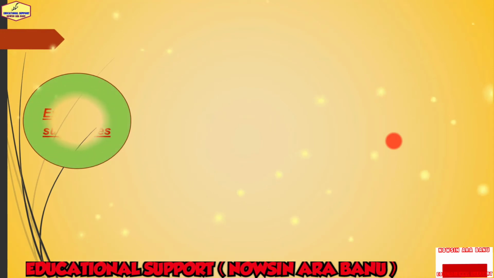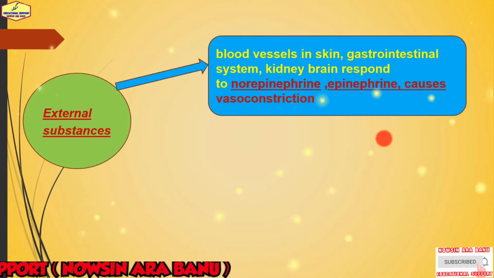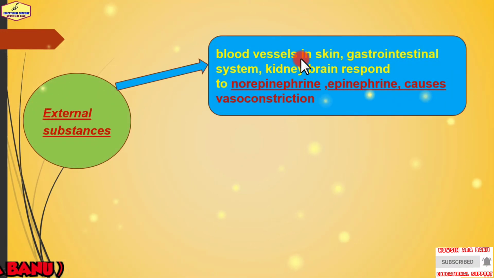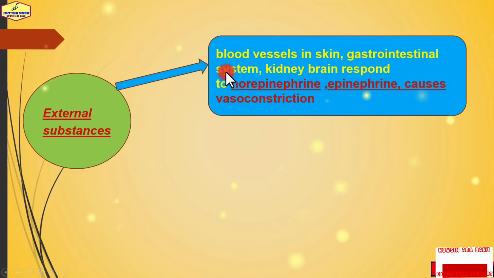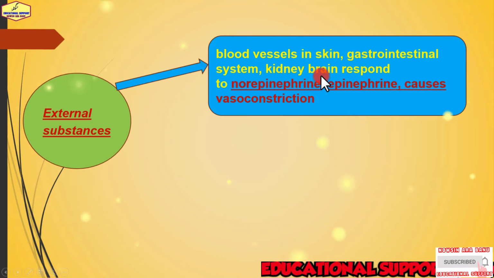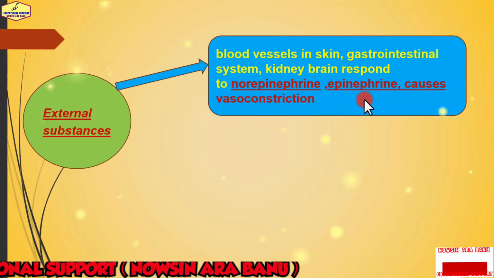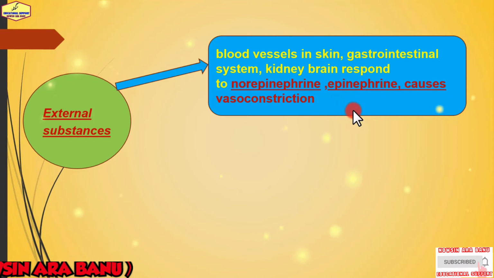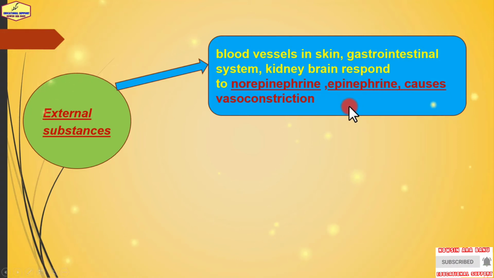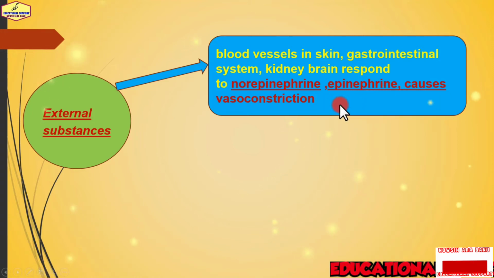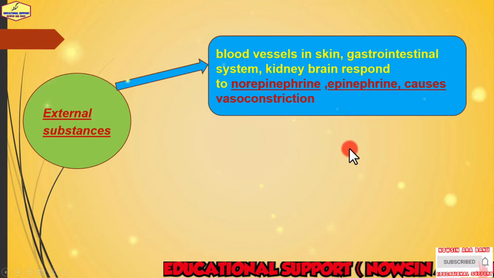So external substances: blood vessels in skin, gastrointestinal system, kidney, and brain respond to norepinephrine and epinephrine, causing vasoconstriction, because they possess alpha-1 adrenergic receptors.